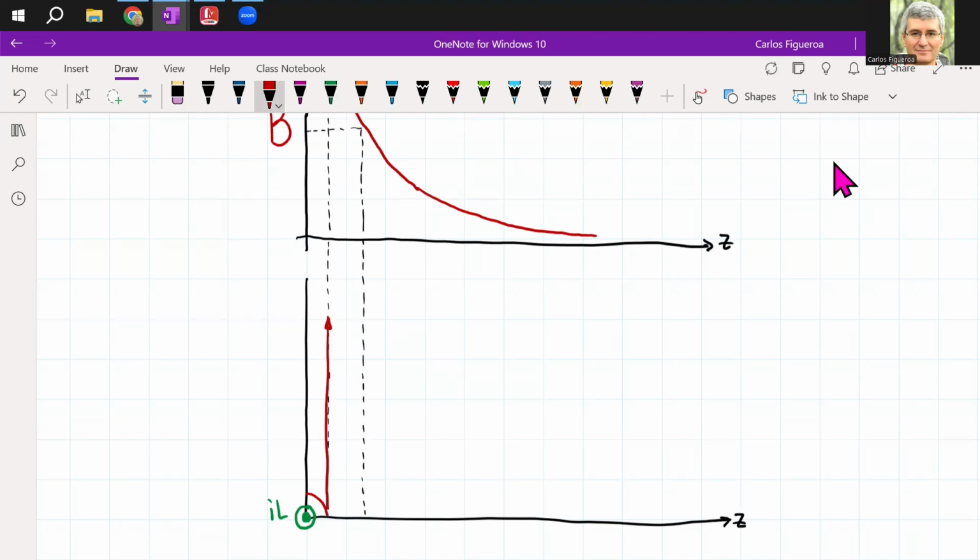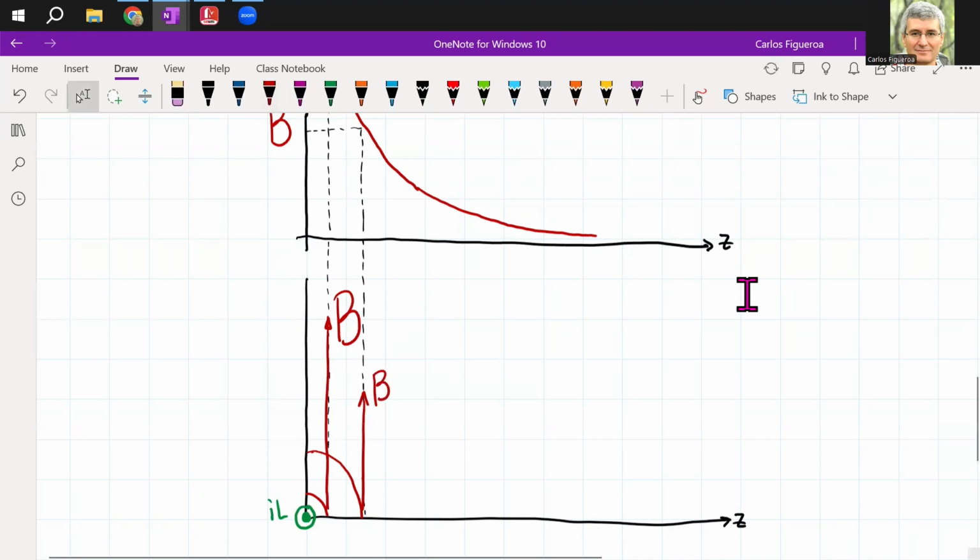So this guy tells me about B. However, as I start to move farther out to here, the magnetic field is actually getting smaller. Let me make this a little bit bigger. This guy's supposed to be smaller than the other one here.